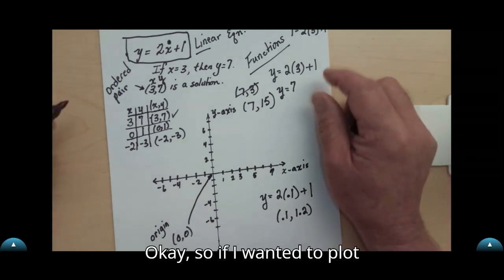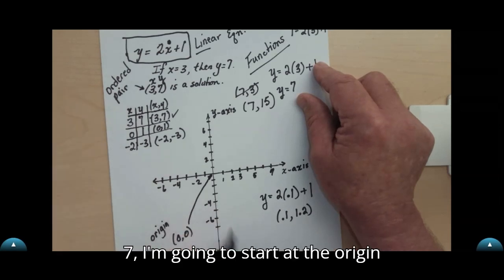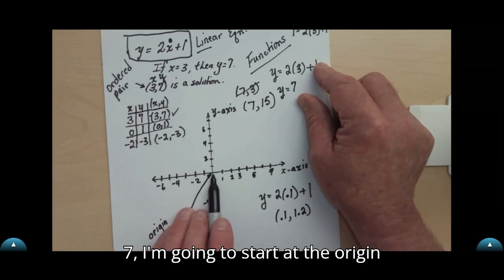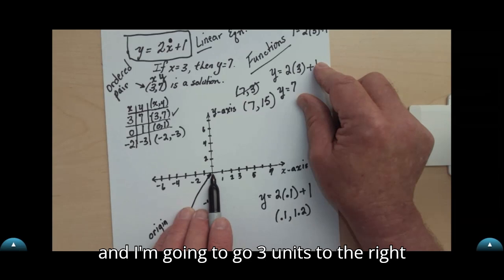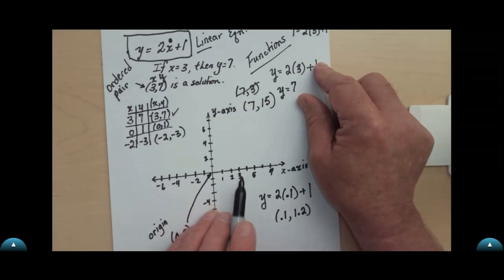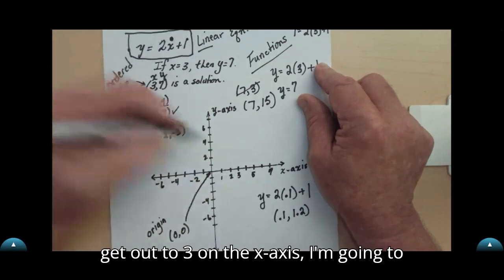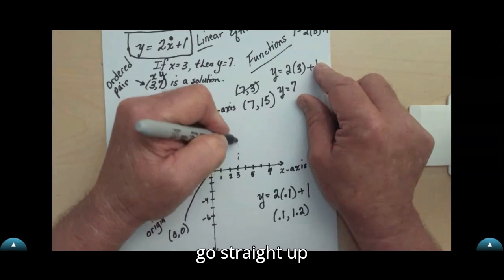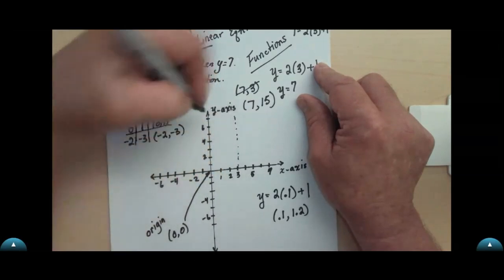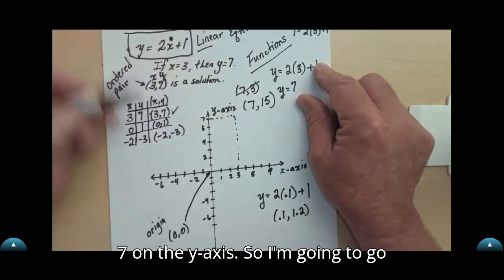Okay, so if I wanted to plot this ordered pair where x is 3 and y is 7, I'm going to start at the origin, and go 3 units to the right until I get to 3 on the x-axis. Once I get out to 3 on the x-axis, I'm going to go straight up until I'm directly across from 7 on the y-axis.